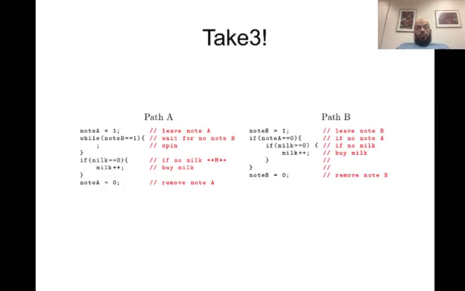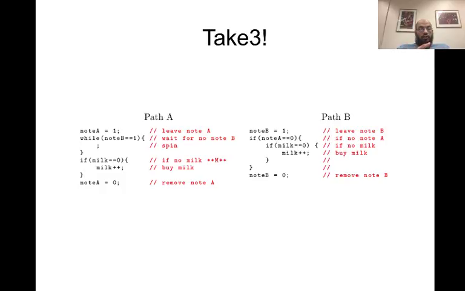Third try. So we write a note A, we write a note B, okay, and again one of them will wait for note B, spin on note B, basically wait until note B is equal to 0 again.